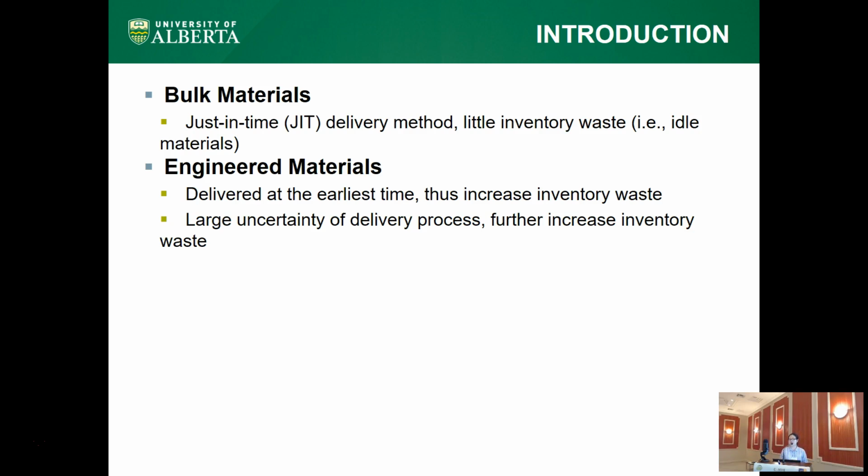But for engineered material, it is different, because contracts tend to deliver the engineered material at the earliest time, which will increase the inventory waste. And also the delivery process is of large uncertainty. So the delay of one certain engineered material may further increase the inventory waste of other materials which have already arrived on time or even earlier.